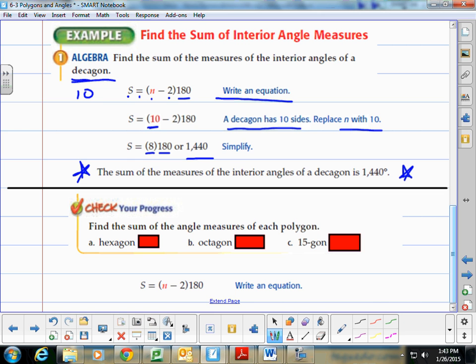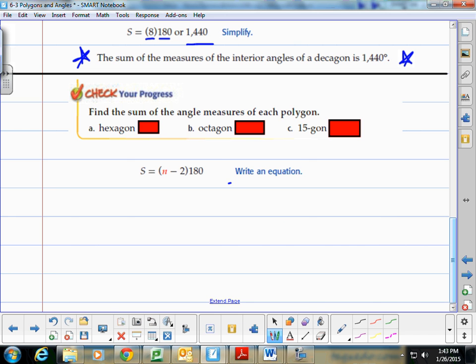Hexagon, octagon, and 15-gon. For each option, you're going to use the equation shown here, and n is going to replace the number. So for A, first we need to determine how many sides a hexagon has. A hexagon is a six-sided figure. So we replace n with 6 sides minus 2 times 180.